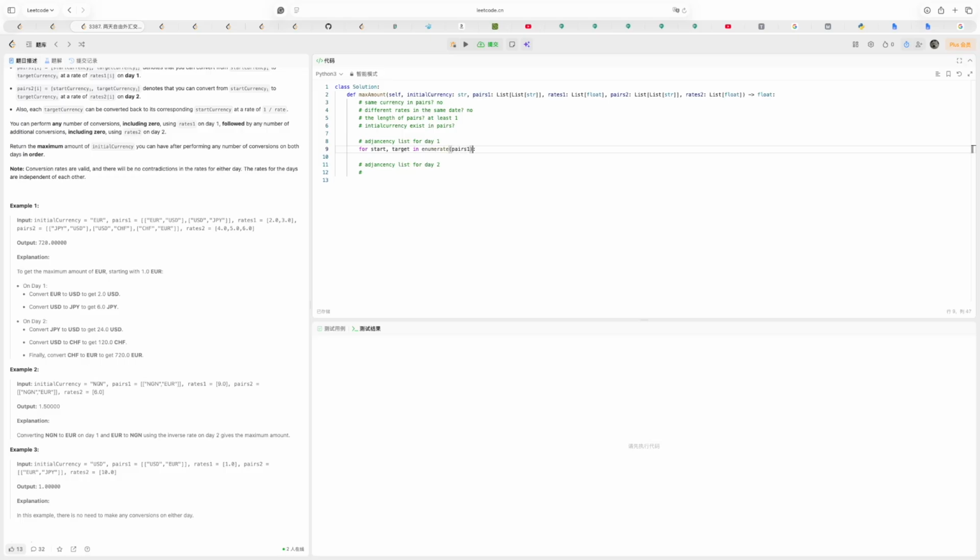So enumerate pairs 1, and this will be index, and this will have... a dictionary will be better, but I see.